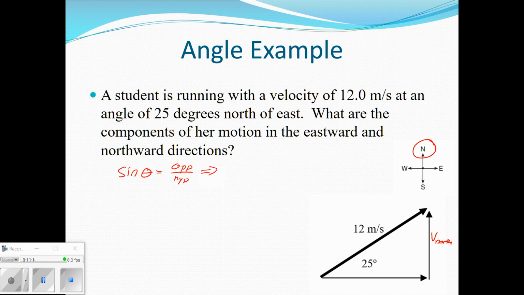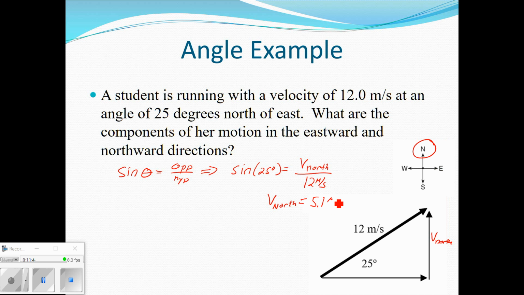So I can rewrite this, substituting in my values. Sine of 25 degrees is equal to the velocity I'm trying to solve for, northwards, divided by my hypotenuse velocity, which is 12 meters per second. If I take sine of 25 and multiply it by 12, I end up with 5.1 meters per second.